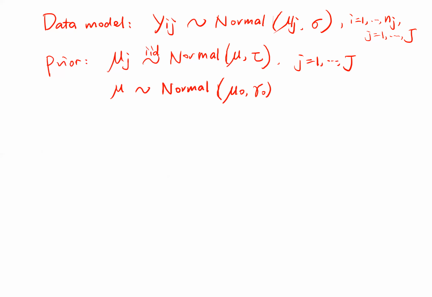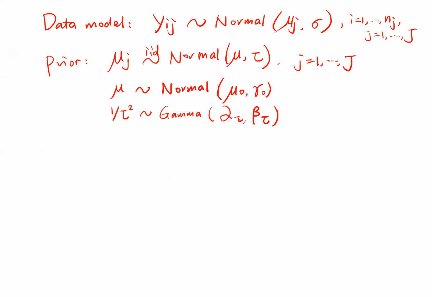Here there's no more index because we're working with one particular parameter. Of course, we also give tau a prior. In particular, it's gamma for 1 over tau squared, with alpha tau and beta tau here.